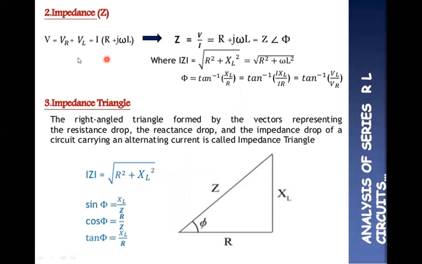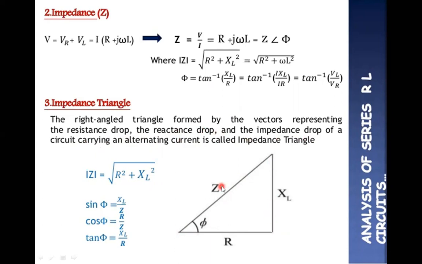Impedance triangle: the right angle triangle formed with the vectors representing the resistance drop, the reactance drop, and the impedance drop of a circuit carrying an alternating current is called the impedance triangle. So this is the impedance drop, this is the resistance drop, and this is the reactance drop.